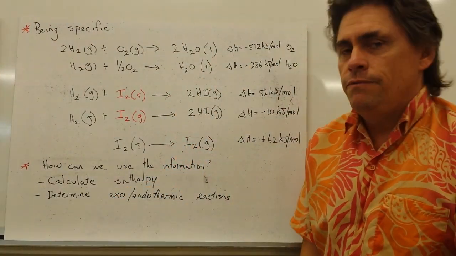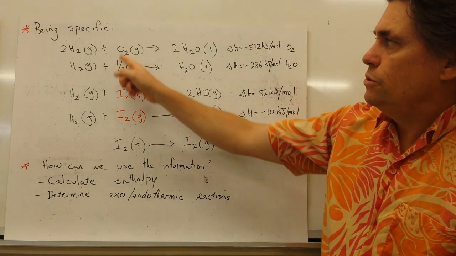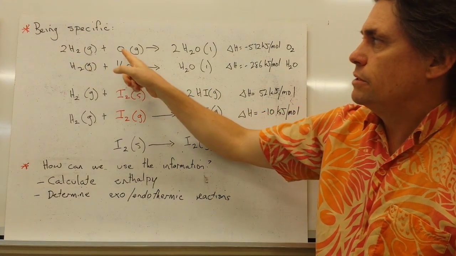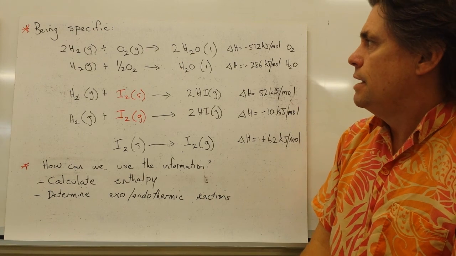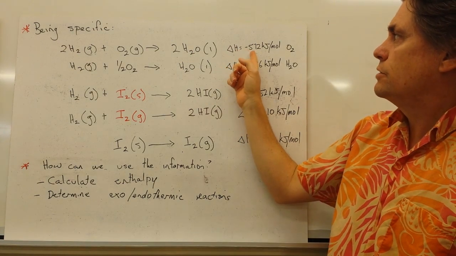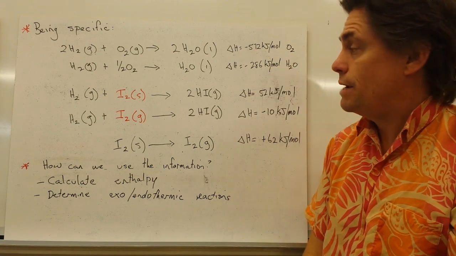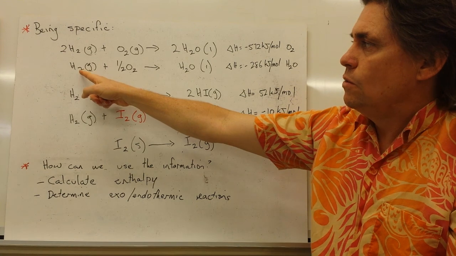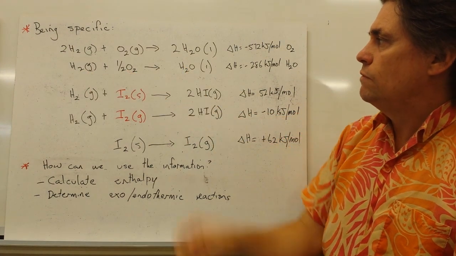Now, we also need to be very specific about what we're putting in our reaction. So I've got two examples up the top here. I've got one where we've got 2 moles of hydrogen plus 1 mole of oxygen to give us 2 moles of water in a liquid form. And we've got a delta H value of minus 572 kilojoules per mole of oxygen reacted. We've also got a second version where we've got 1 mole of hydrogen plus half a mole of oxygen gives us 1 mole of water.